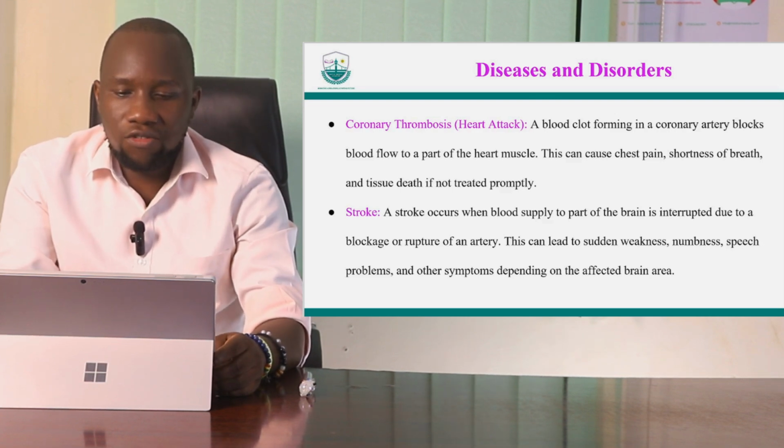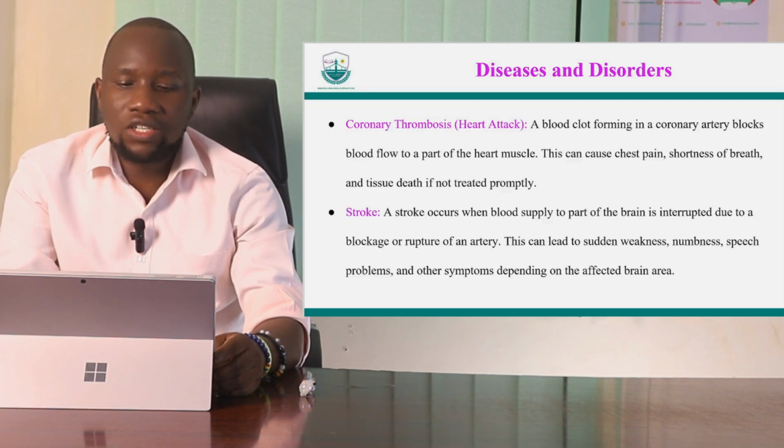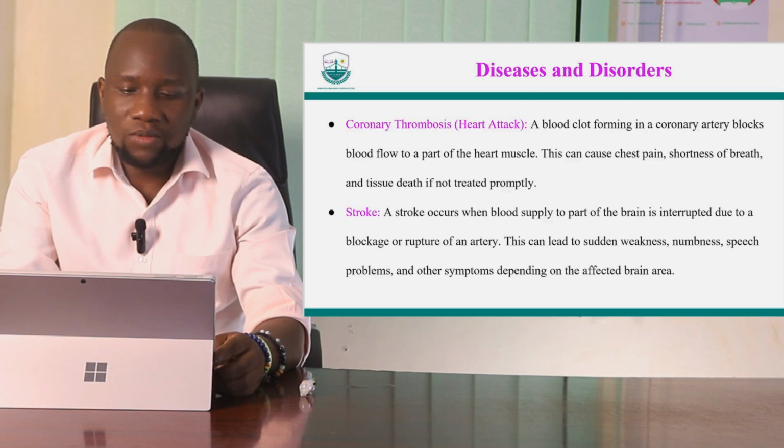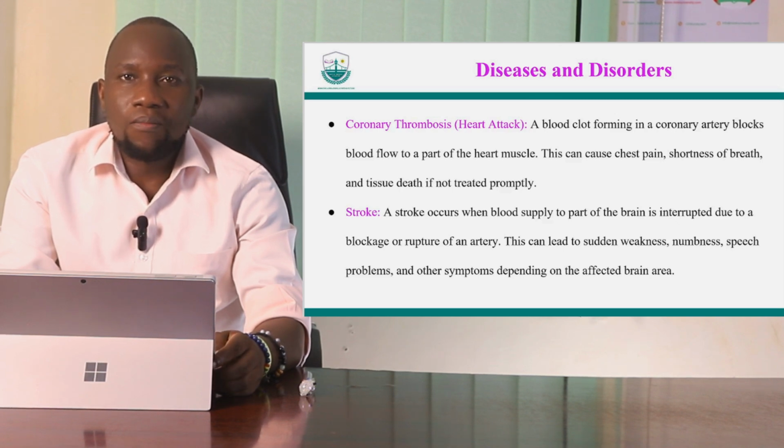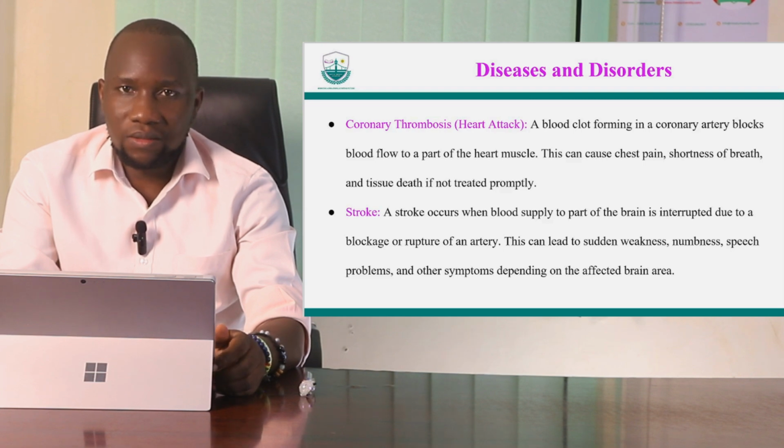Stroke happens if blood supply to the brain is interrupted because of blockage or rupture of an artery. The brain is a delicate organ. It requires constant supply of blood that is rich in oxygen and nutrients.